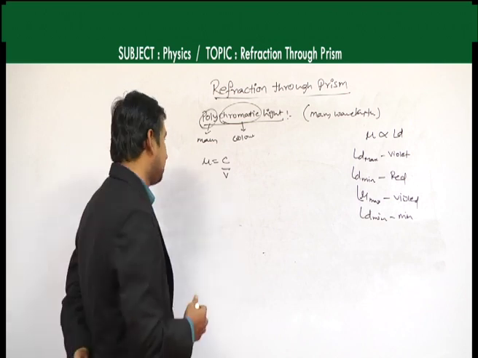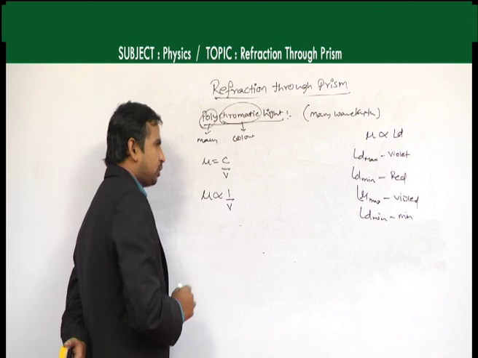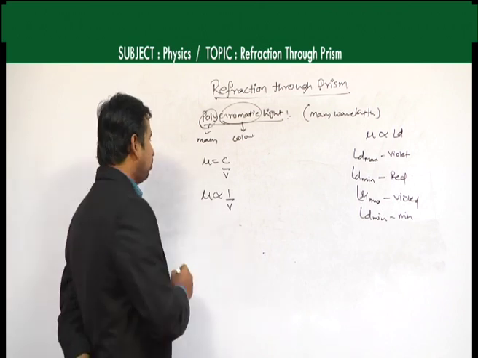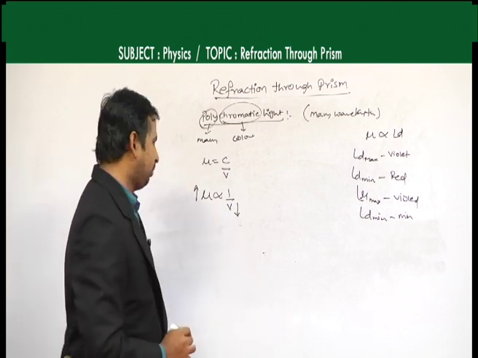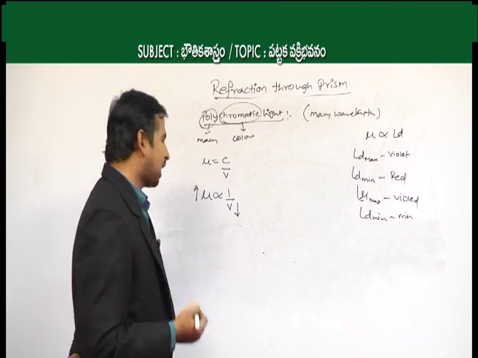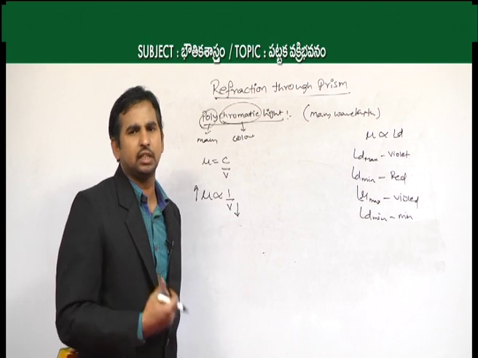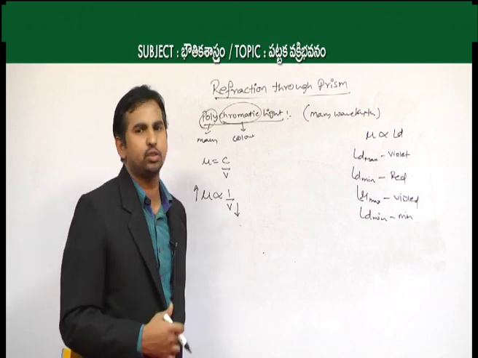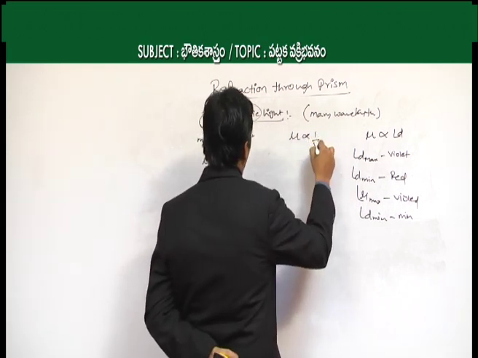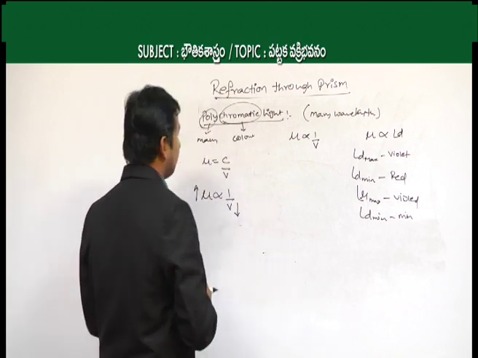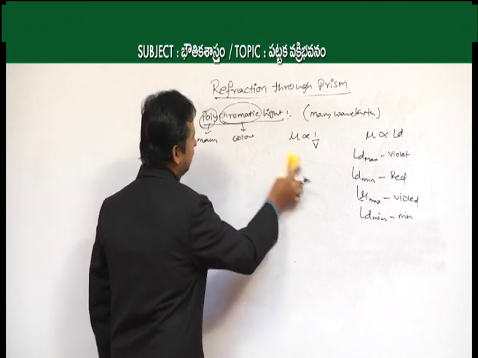So mu is inversely proportional to the velocity of light. With a higher refractive index, the velocity of light in the given medium is less, and with a lesser refractive index, the velocity of light inside the glass prism is more. So mu is directly proportional to 1 by v, or inversely proportional to the velocity of light in that medium.